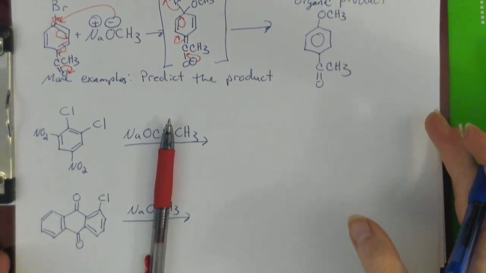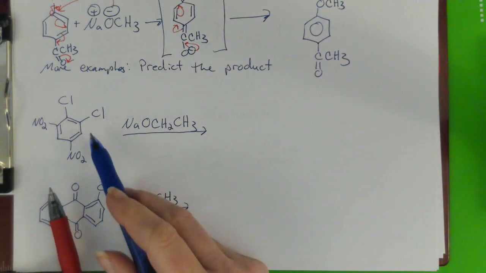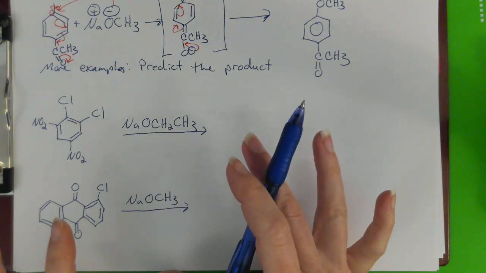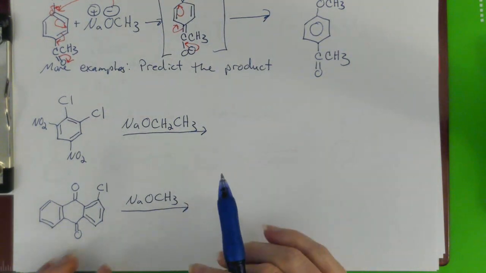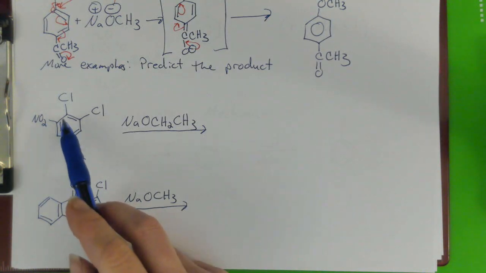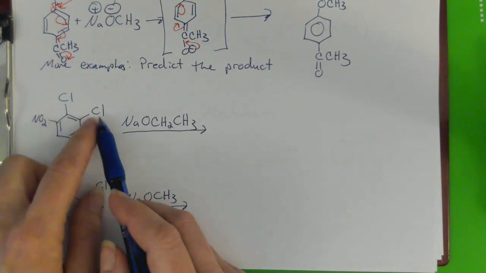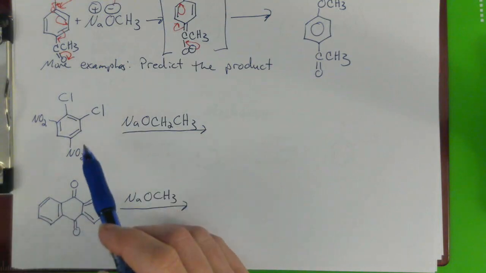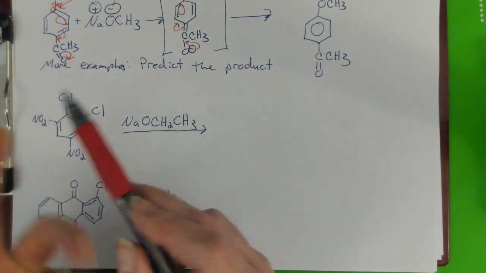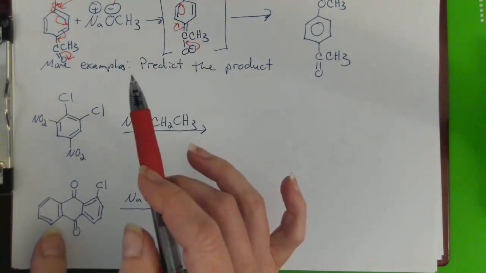Let's do that for these examples down here. Notice that they look a little scarier, but we can do it. Let's evaluate each of these. Again, we have an aryl halide, but we see 2 halogens. Oh my goodness. Well, we need an electron dumping ground ortho or para to it, but not meta to it.